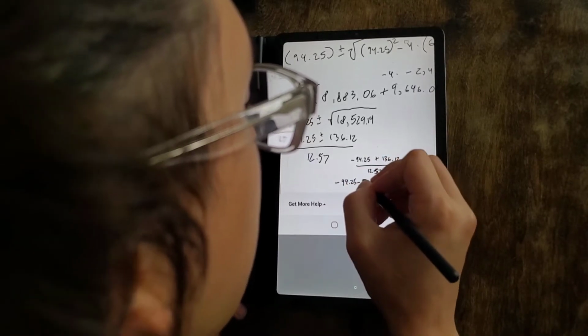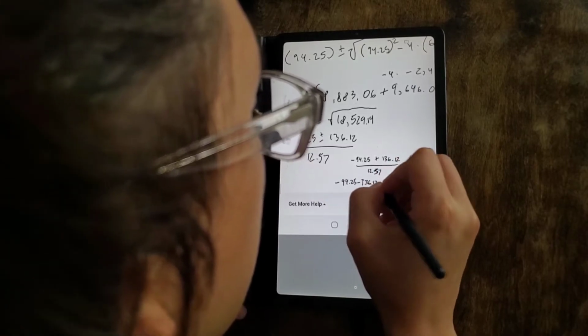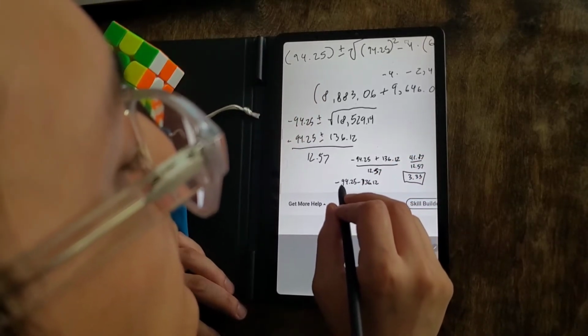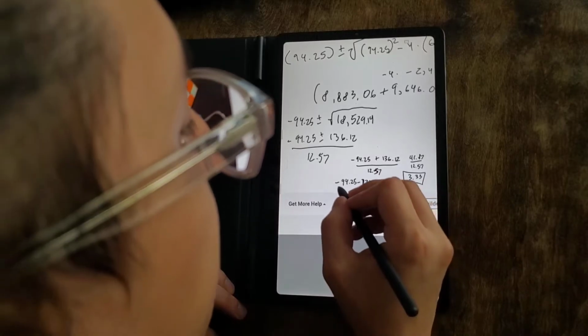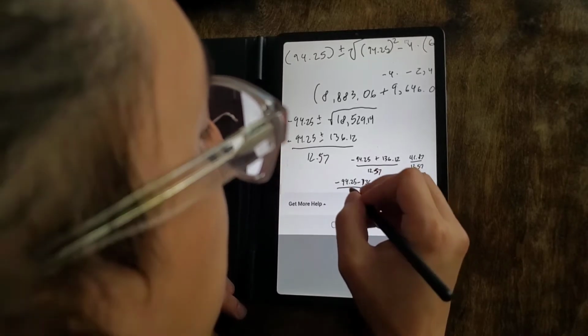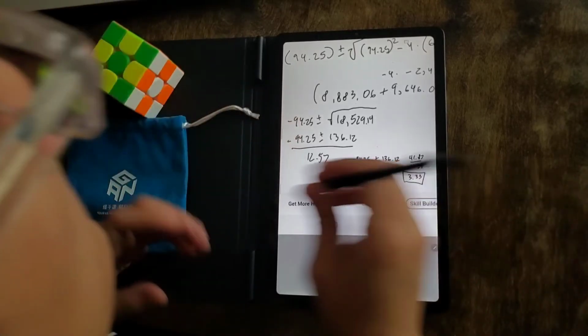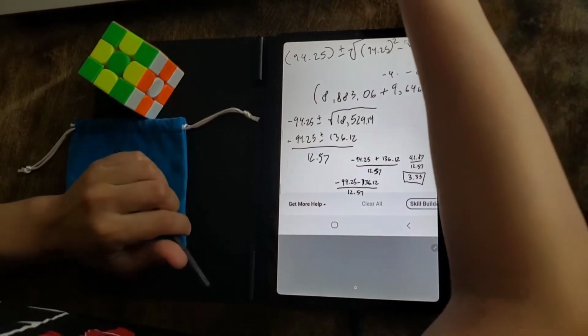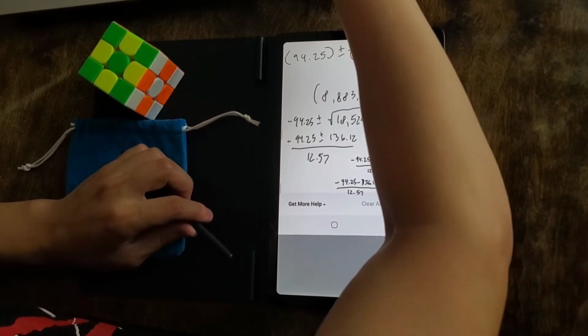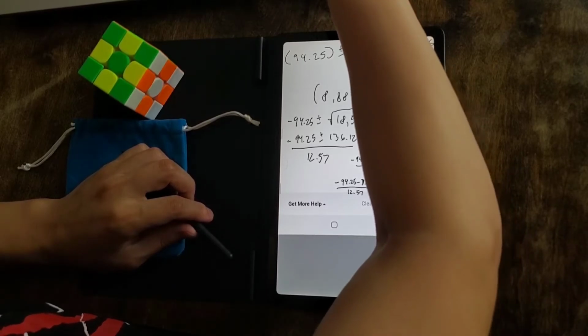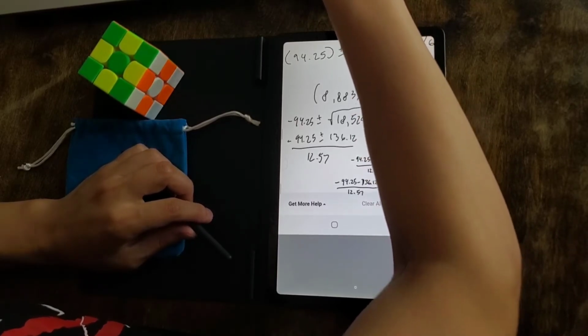So we got negative 94.25 minus 136.12 over 12.57. Now we're basically just adding these two numbers and keeping them negative. So I'm just going to go 94.25 plus 136.12.